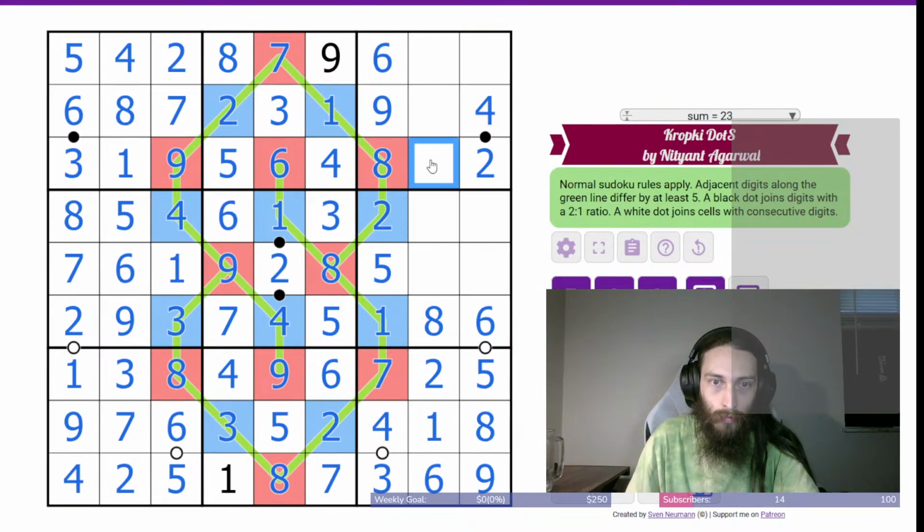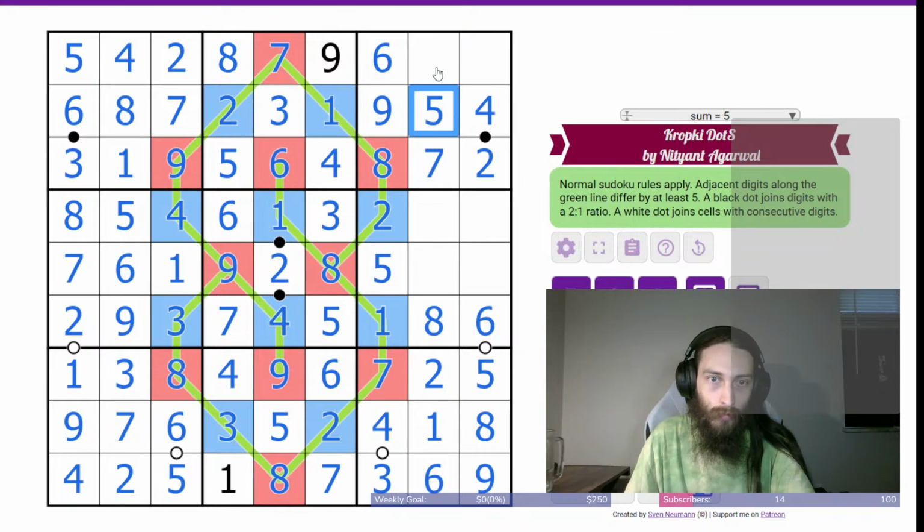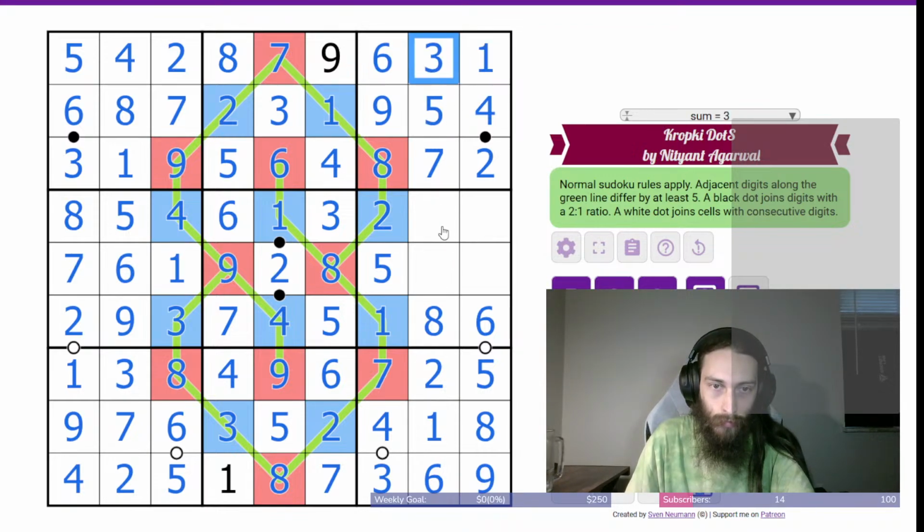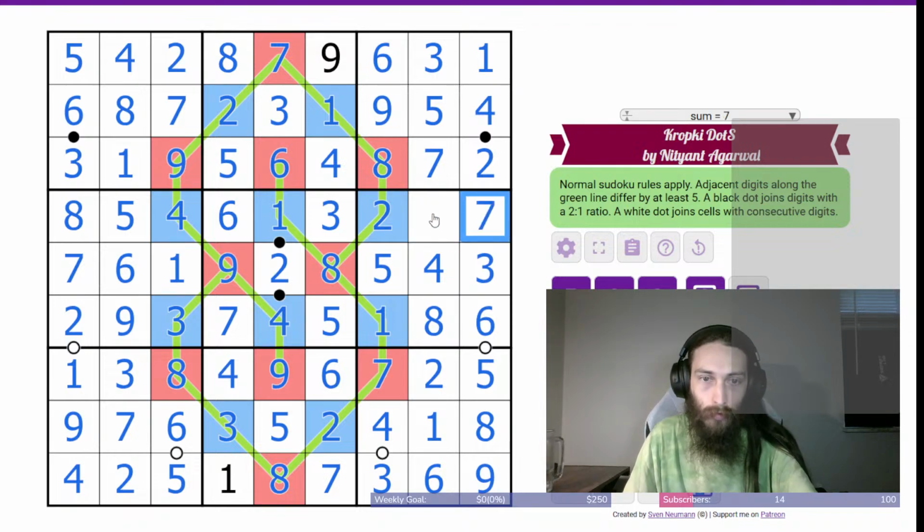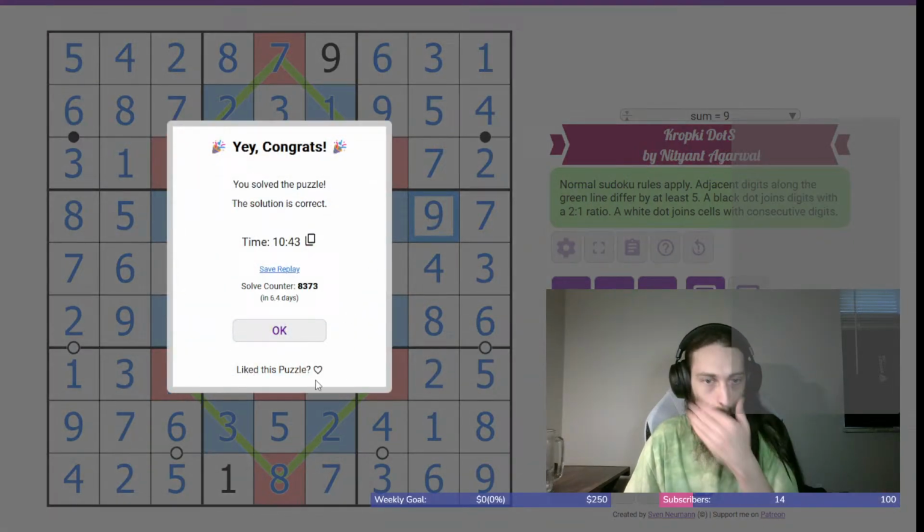Row 3 needs a 7. That's a 5. And 1 and 3. Or 3 before 1. Yeah. Need a 3, a 4, 5, 6, 7, 8, 7, 9.